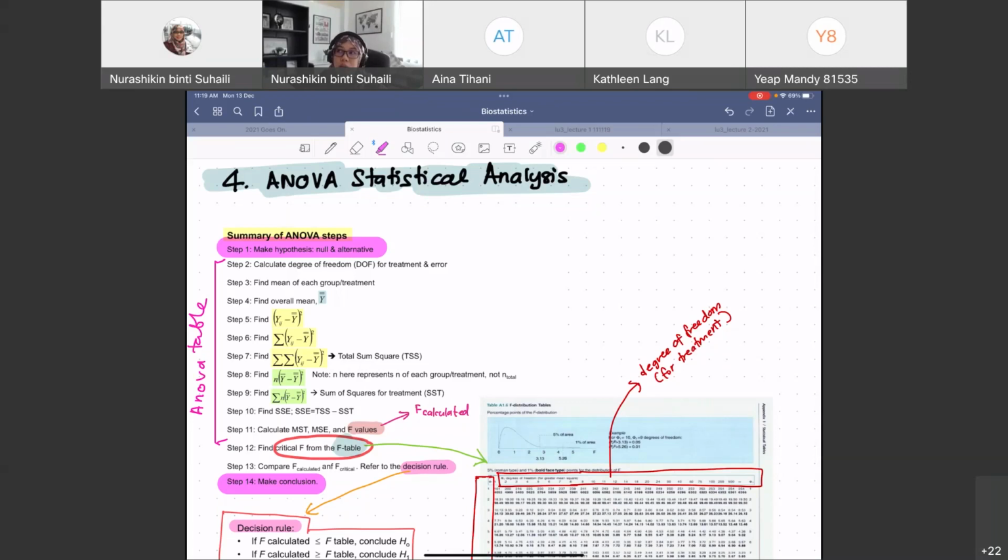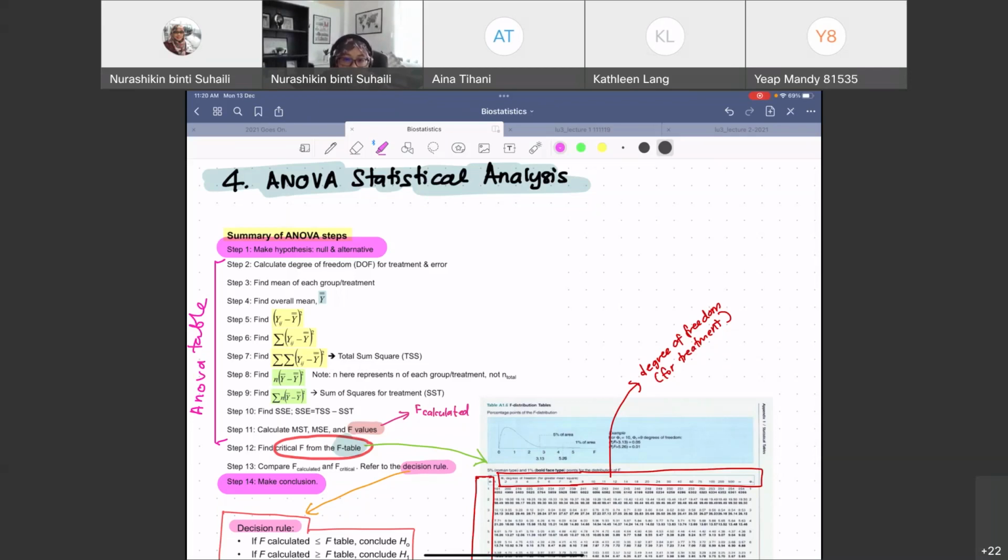So we cannot just denote A, B, C, or 1, 2, 3. Otherwise, it's going to be pointless. So when you study statistics, you have to state the problems specifically.